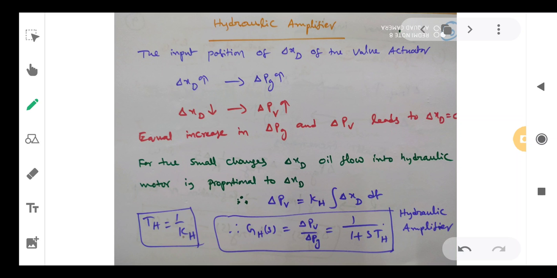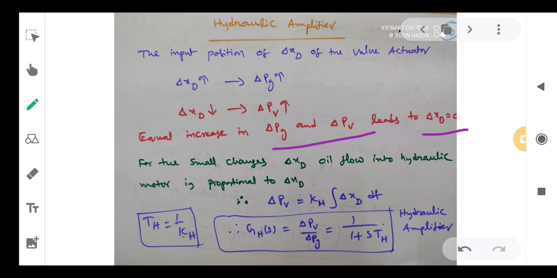The downward movement of xd is related to delta Pv, with an increment in delta P. Therefore, equal increase in delta Pg and delta Pv leads to delta xd equal to 0. For small changes of delta xd, oil flow into the hydraulic motor is proportional to delta xd, and hence delta Pv equals proportionality constant Kh times the integral of delta xd dt.